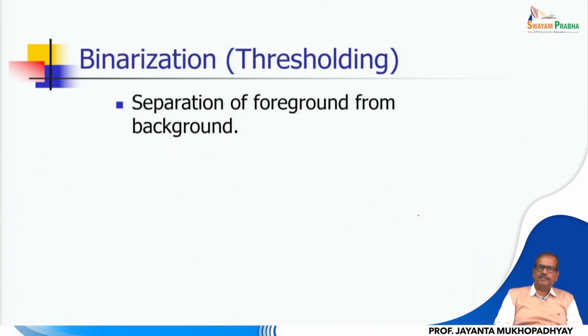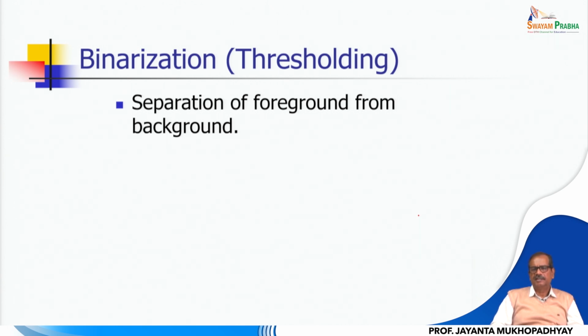Now, one of the operations on an image, the previous example I just showed, is called binarization, or thresholding, because effectively you are determining at each point whether the value would be a foreground value or a background value. A simple way of doing it is to determine some threshold value.